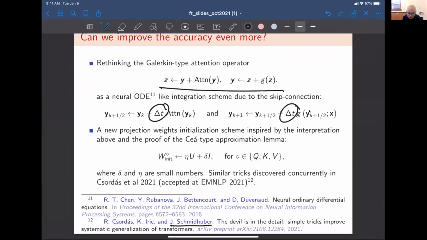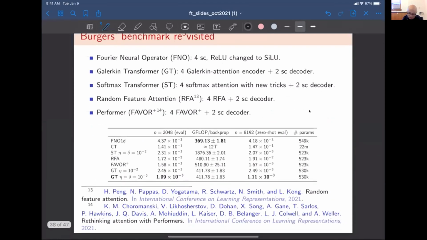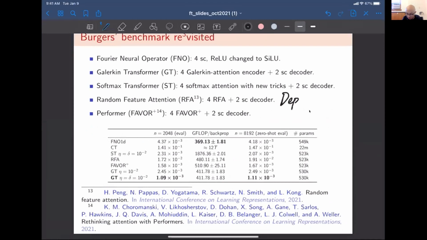Basically, we dial down the initialization of the projection matrix, then let the optimization take over, and we add a small diagonal matrix. The diagonally dominant projection matrix is also implied by the proof, to keep the approximation capacity if we have a good set of learned bases. Once we apply this, we also compare with DeepMind's model and Google Brain's model.